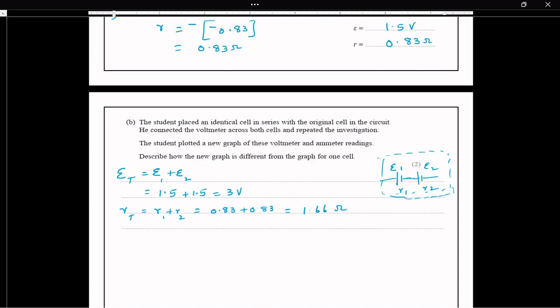This is the new internal resistance, and 3 volt is the new EMF.